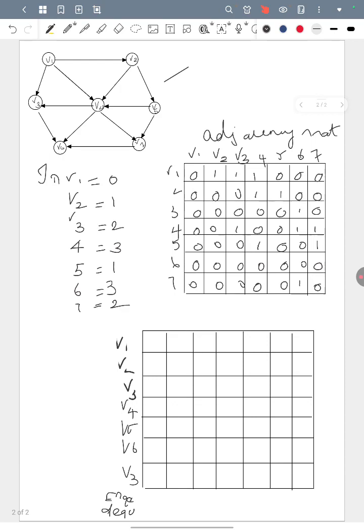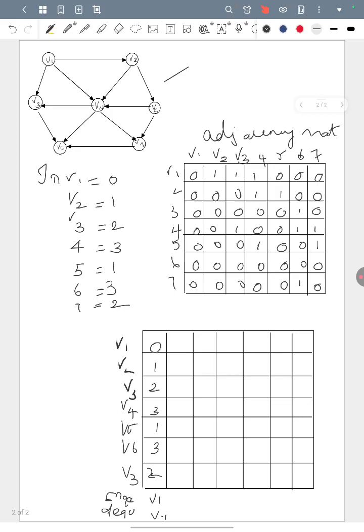It is nothing but V1, so we will mark the in degrees as 0, 1, 2, 3, 1, 3, 2. Okay, now we want to NQ the vertex which has 0 in degree, which is V1, and we are DQing that same V1 from the NQ.